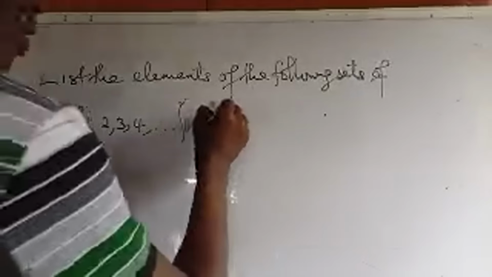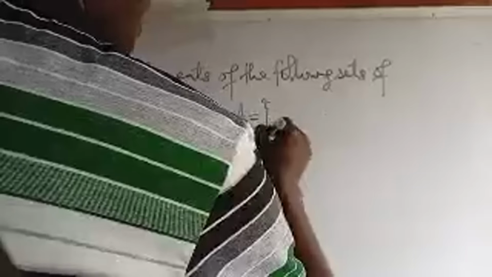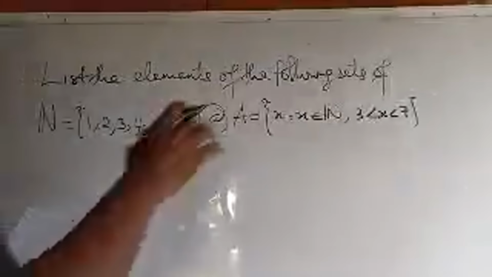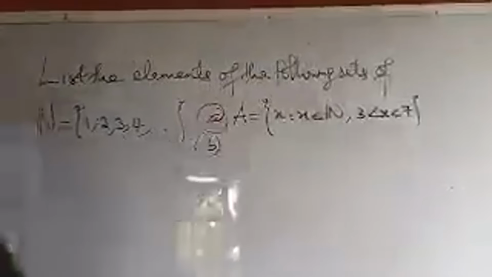The first one, A is a set of X such that X is a natural number, then 3 is less than X and X is less than 7. Don't forget, this is builder notation form where the properties of the set elements are defined.